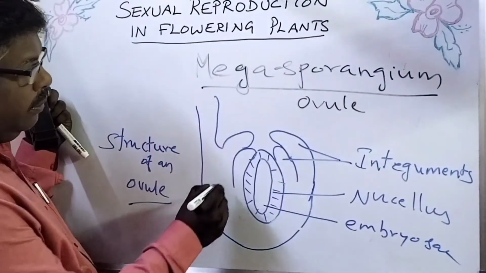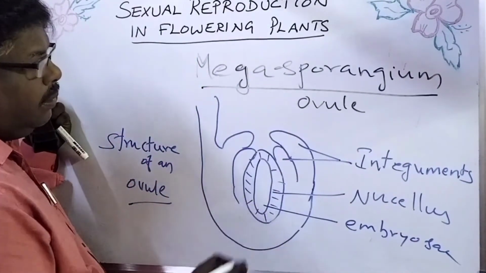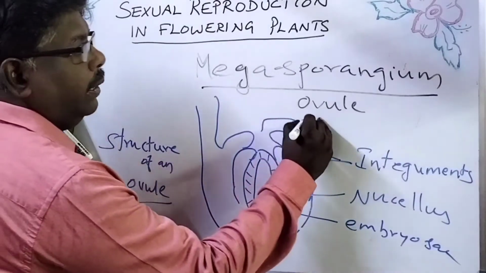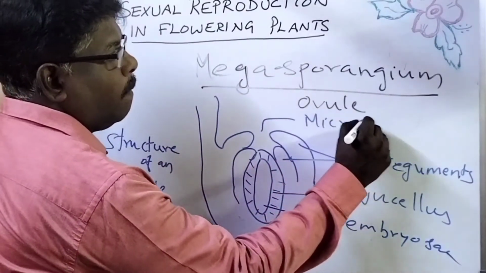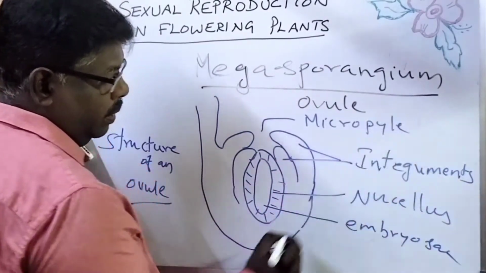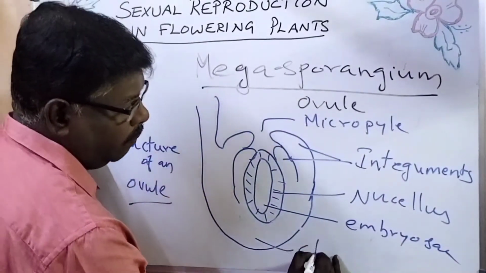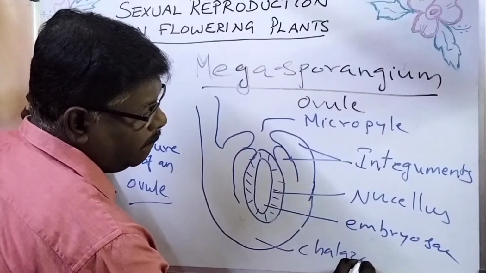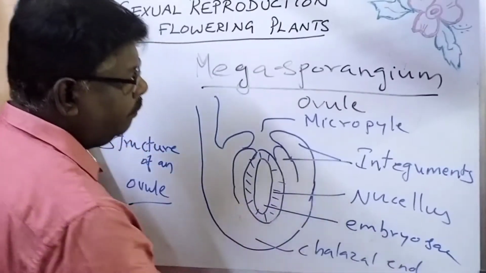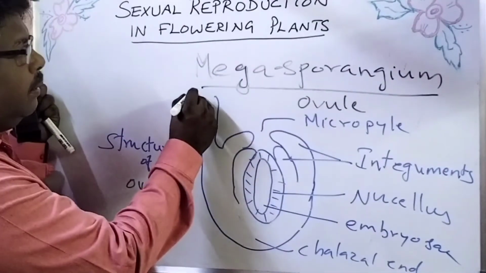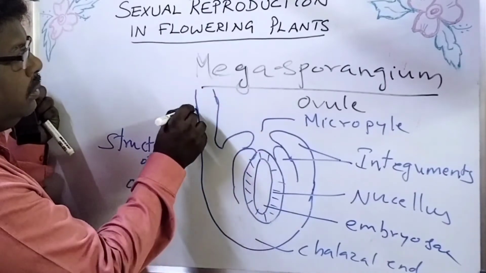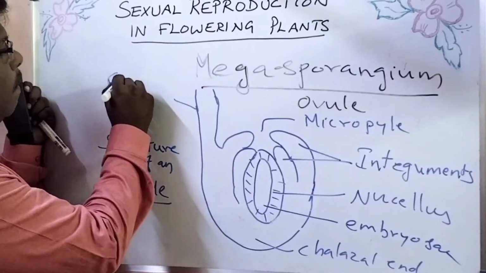This opening is called the micropyle. This broad end opposite to the micropyle is called the chalazal end. And the ovule has a stalk. This is called funicle.